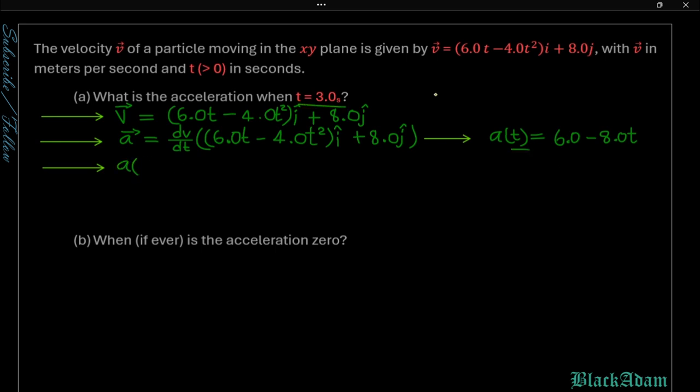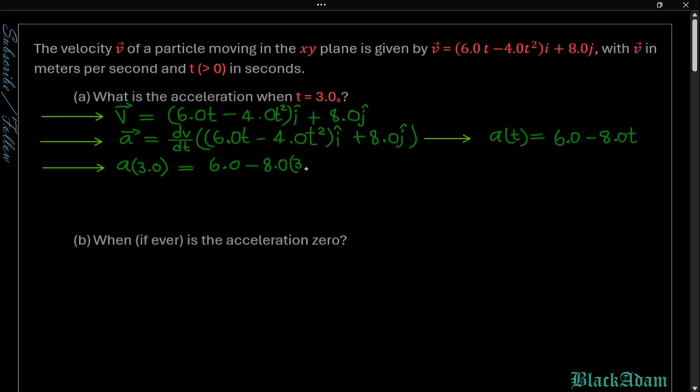The t there is 3, so we substitute 3 into the equation, giving us 6.0 minus 8 times 3, and 8 times 3 is 24. So we have 6 minus 24.